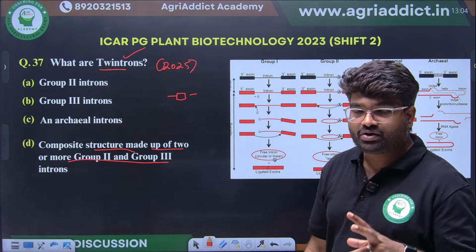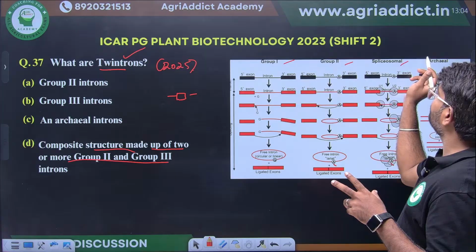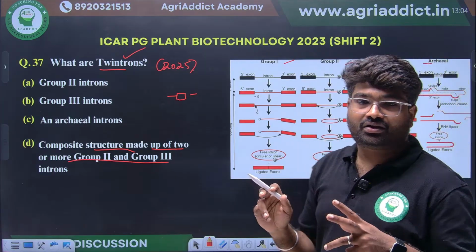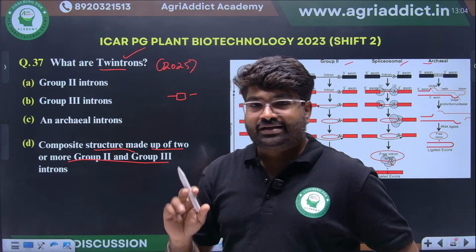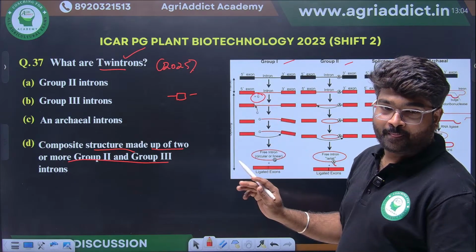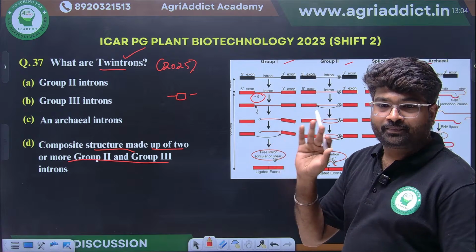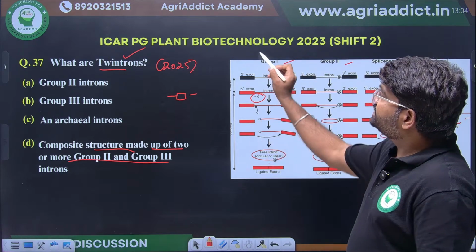You have to know the basics of introns also. What is group 1, group 2, spliceosomal and archaeal introns? Just go through this one. Group 1 intron means there will be an external nucleotide. Most important thing, group 1 and group 2 are self-spliced introns.